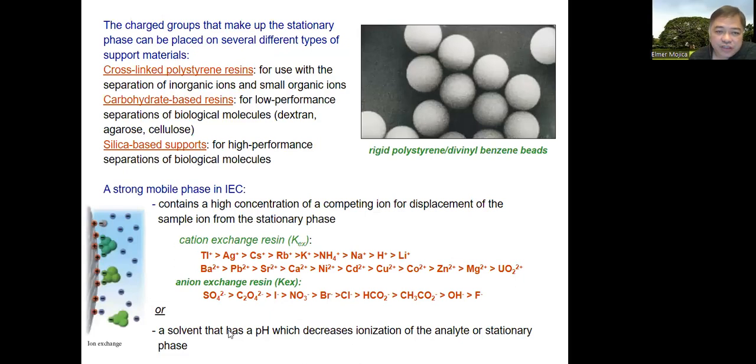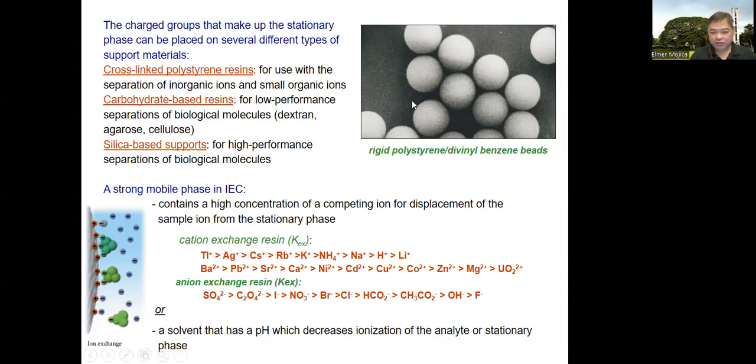So you can use some stationary phase support material here. Okay, like the crosslinked polystyrene resin, carbohydrate-based resin, or the silica support resin if you're going to perform high performance separations of biological molecules.